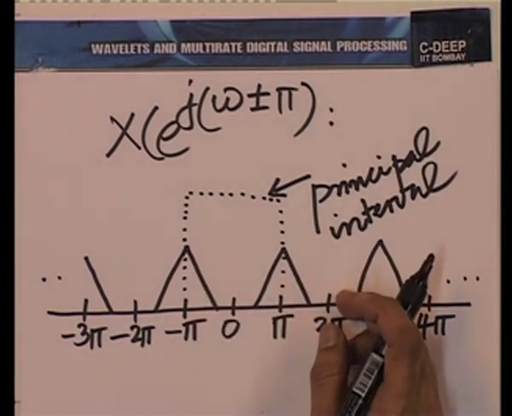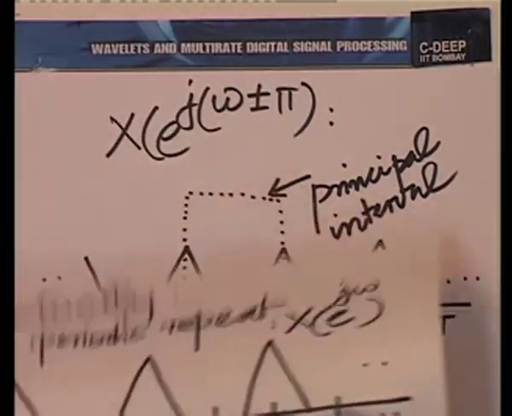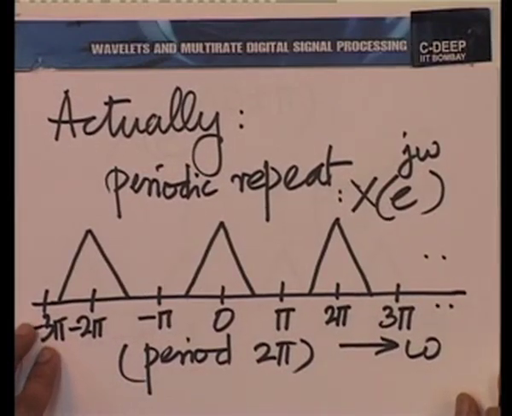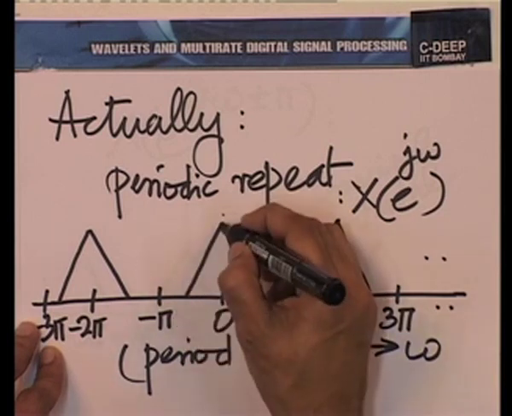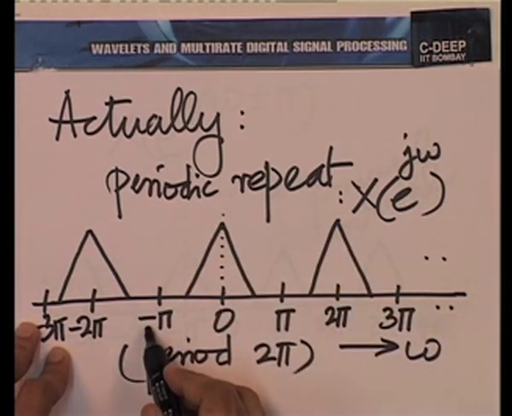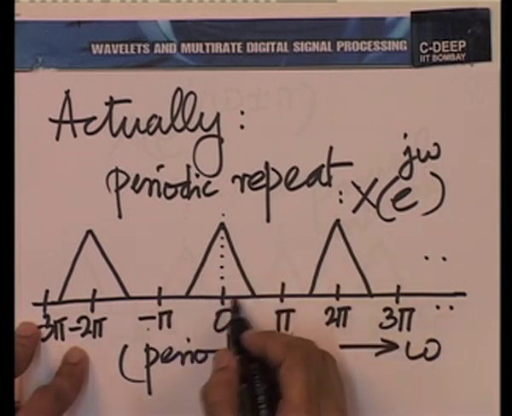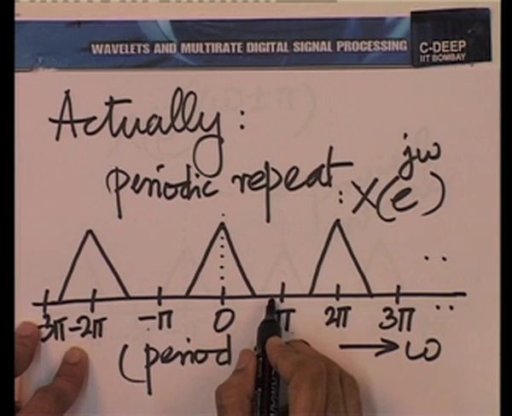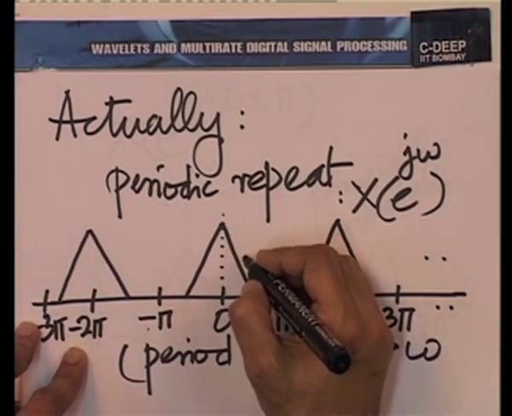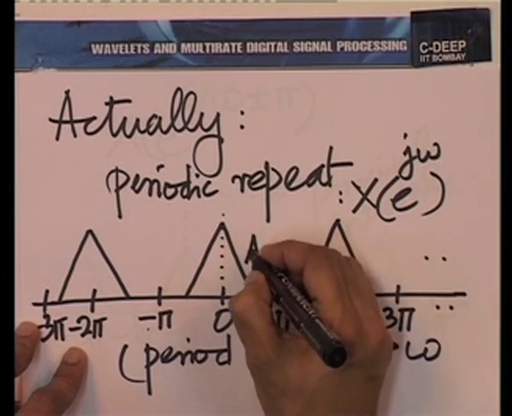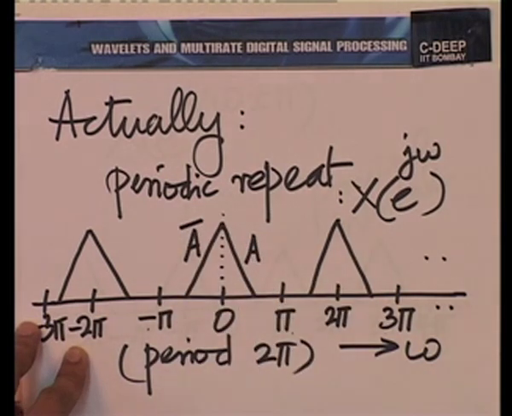Now, we must be a little more explicit in our relationships here. So, in X of e raised to the power j omega, if you look at the principal interval minus pi to plus pi, we notice there are two segments here for the positive side of the omega axis and the negative side of the omega axis. Let us call the segment for the positive side A and the segment for the negative side A bar, and in fact there is a reason for this.